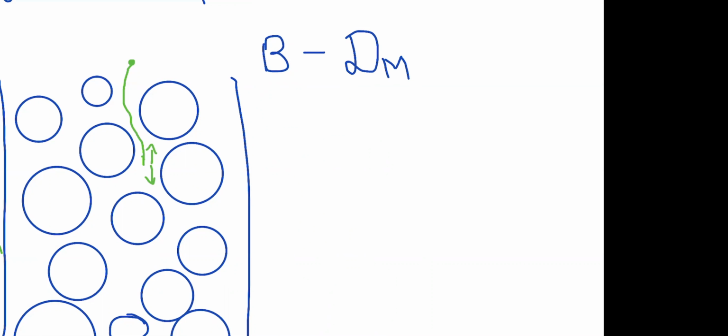So this means that mobile phases which are very viscous have lower diffusion coefficients, and peak broadening in these mobile phases from the longitudinal diffusion perspective is not as important a factor in peak broadening as it is for mobile phases that are much less viscous.